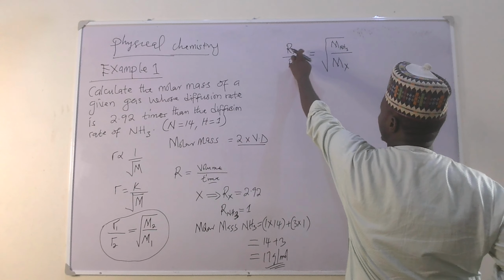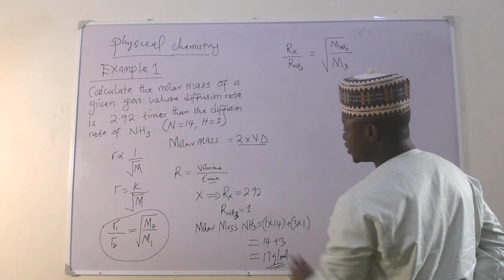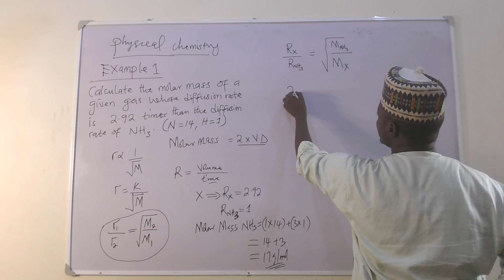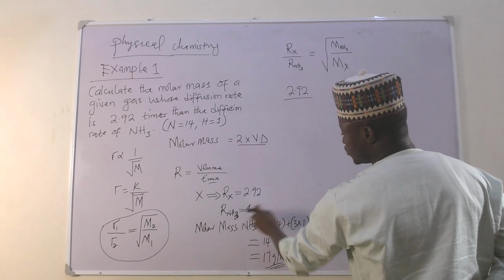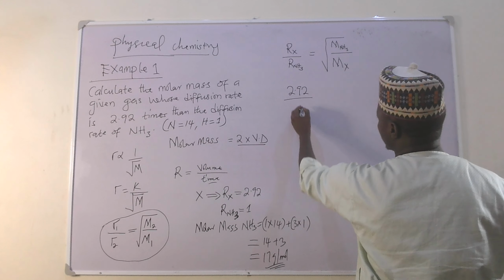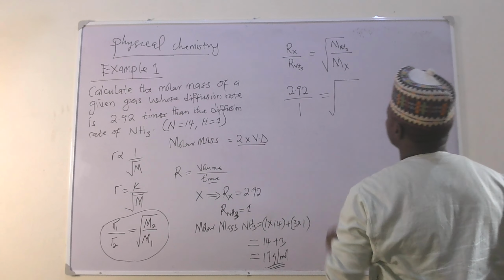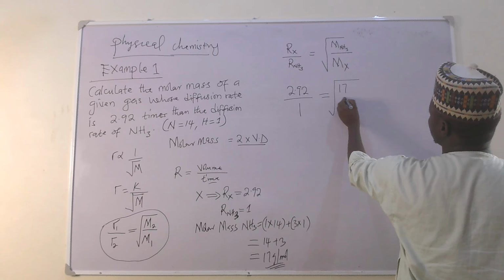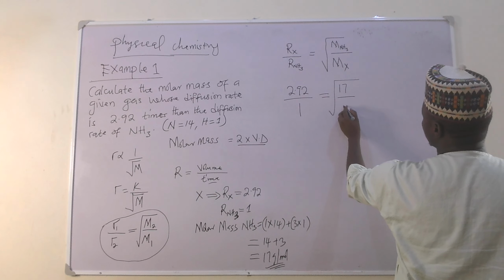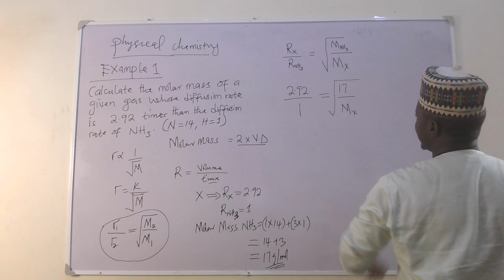So therefore, the rate of diffusion of X is equal to 2.92, divided by the rate of diffusion of ammonia, which is 1, and therefore we now have the molecular mass of ammonia to be 17, and then divided by the molecular mass of gas X.